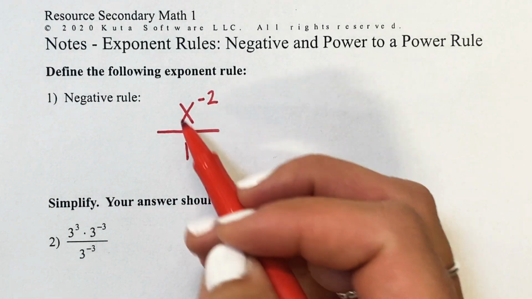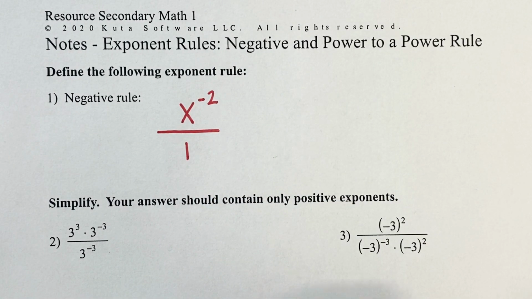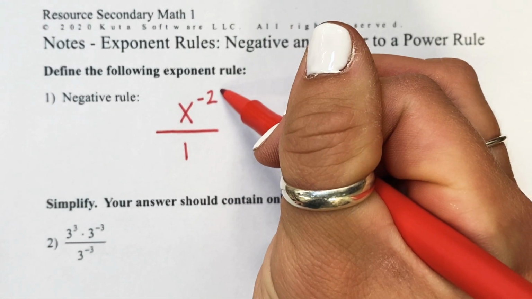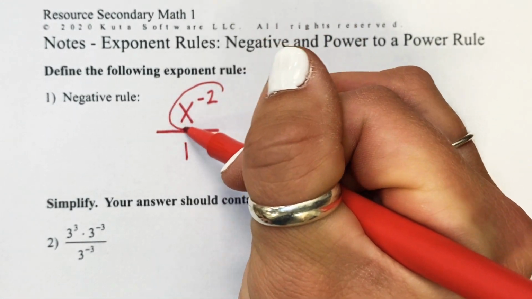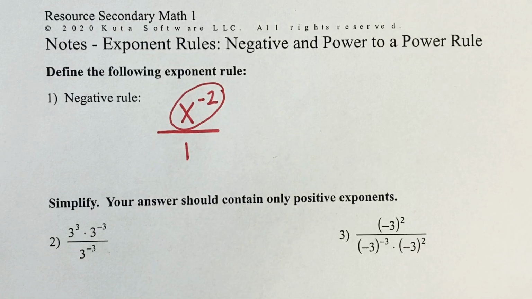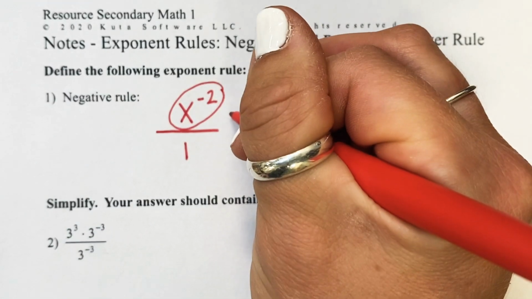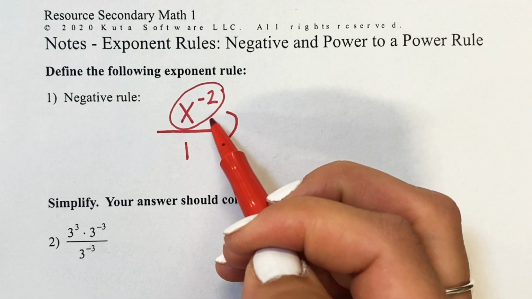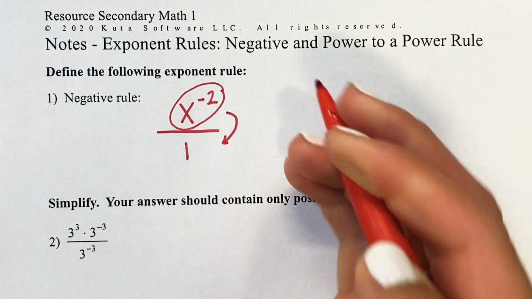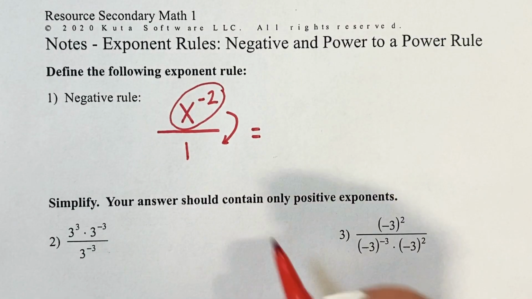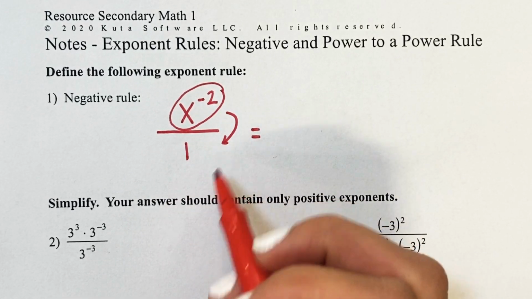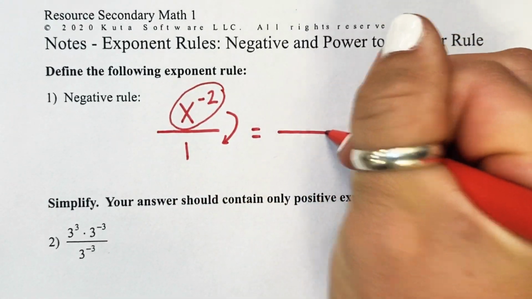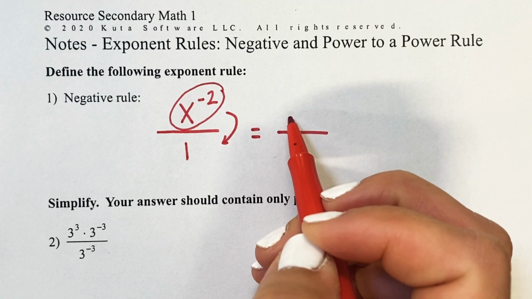Here's what happens with our negative exponent. The negative exponent grabs only what it's attached to. In this case, it's the x, and then it switches sides, meaning this time it went from our numerator to our denominator. Since it grabbed it and put it on the bottom, what's left on top?